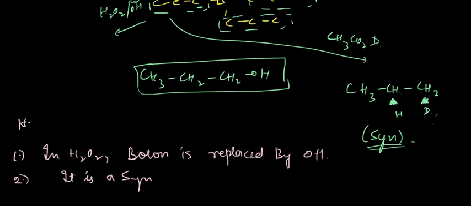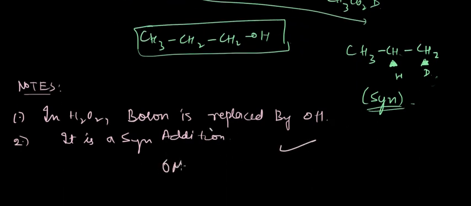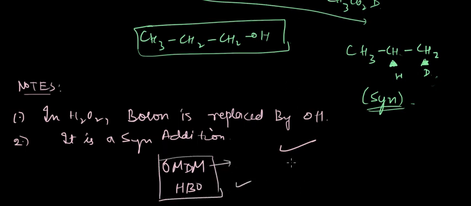Some notes here. So with this we complete the mechanism of OMDM and HBO. I hope you remember the mechanism. Even if you don't remember the mechanism, just remember that OMDM is an example of Markovnikov rule with no rearrangement, and this is an example of anti-Markovnikov rule, again with no rearrangement.